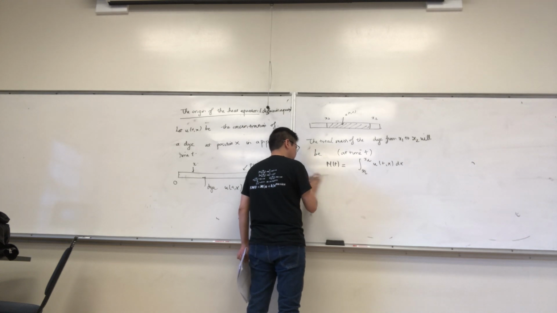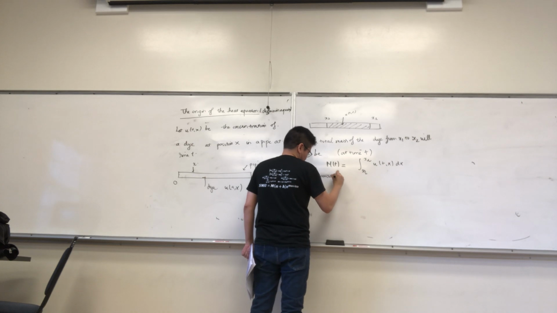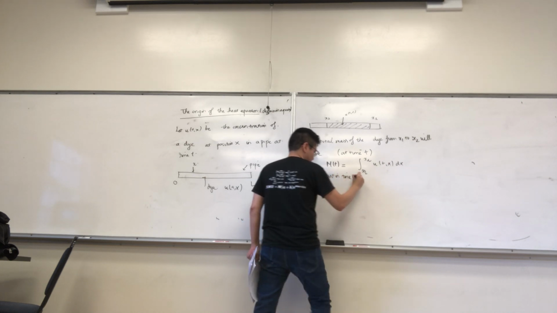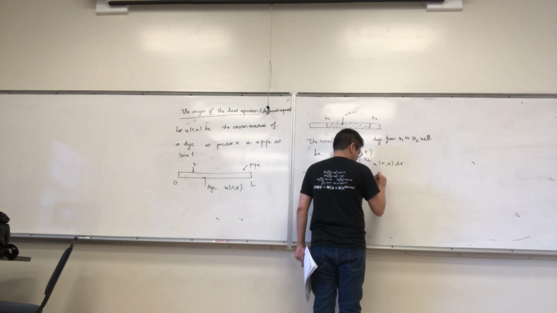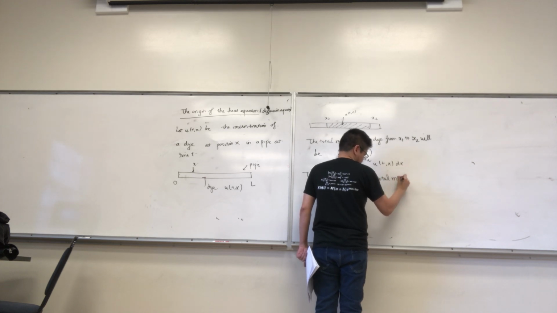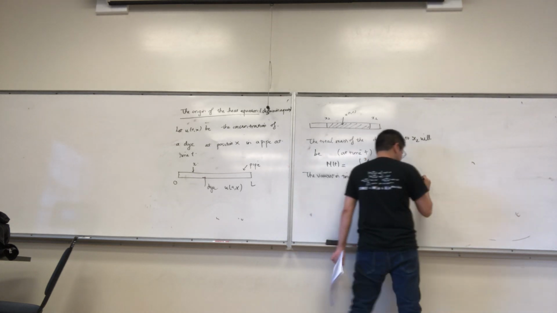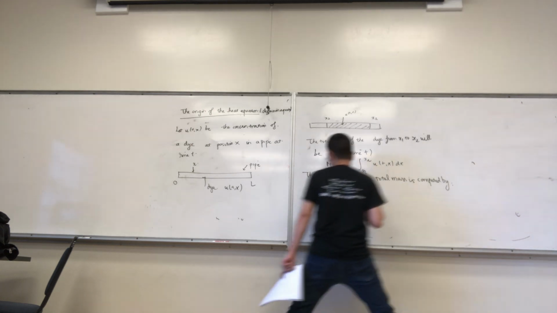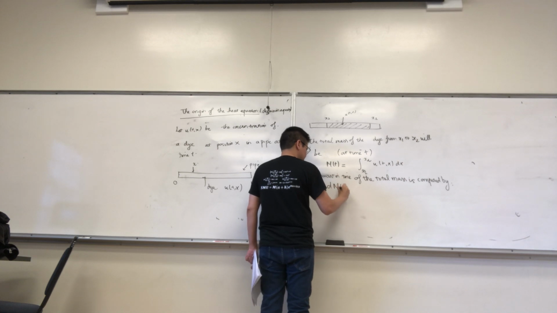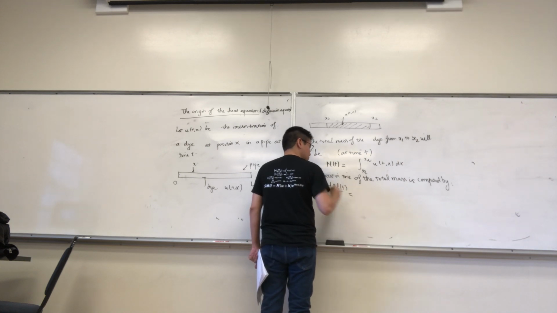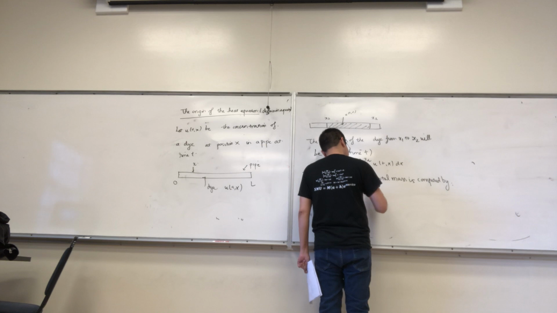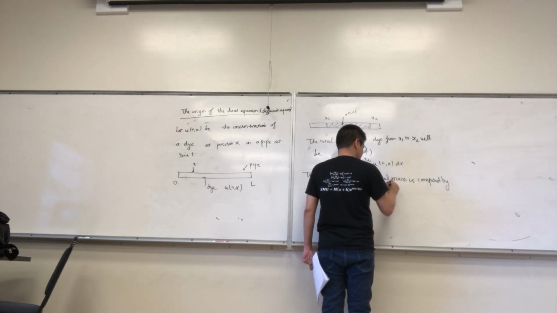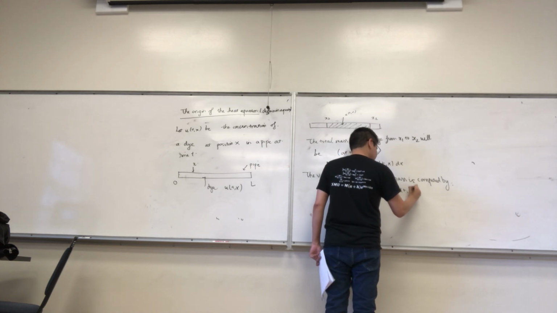Right. So the change in time of the total mass is computed by dm(t)/dt, and this is d/dt of this quantity, the integral of u(t,x) dx.